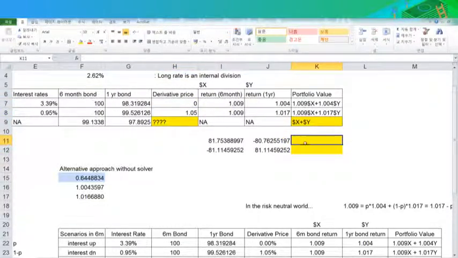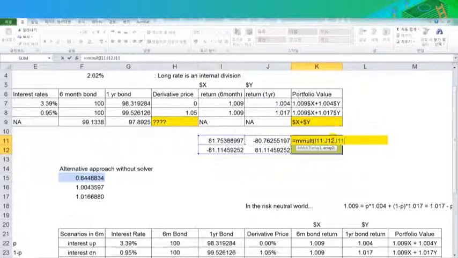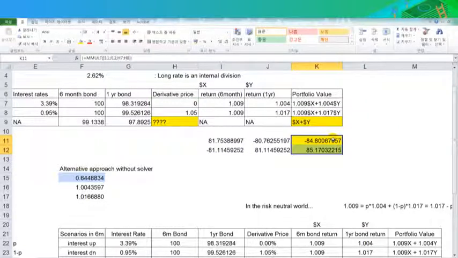So I select these two cells, and then I do matrix multiplication in Excel, which is MMULT. And then multiply this one with this one. And again, importantly, you have to press Control, Shift, then Enter. Now this is the answer.